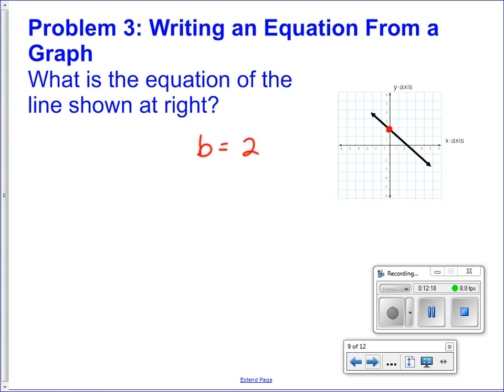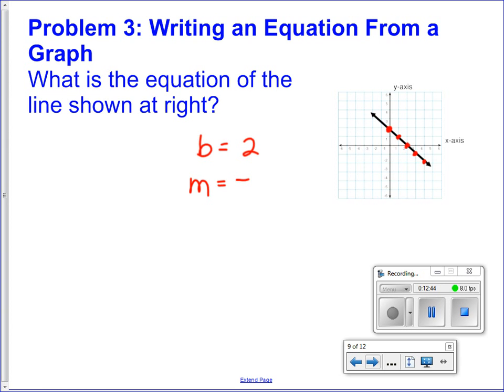Now, let's look at our rise and run. This appears to go through these points right here. Okay, and my line may be a little off, but that's what I intended. So let's identify what our rise and run is. First of all, it's going downhill from left to right, so we know we're going to have a negative number.